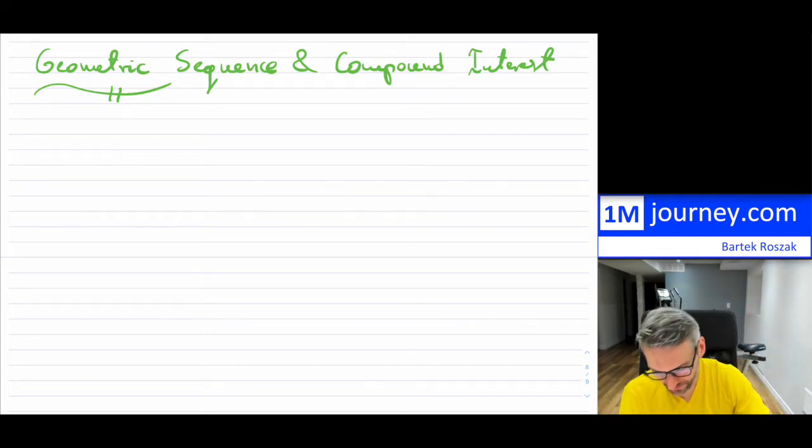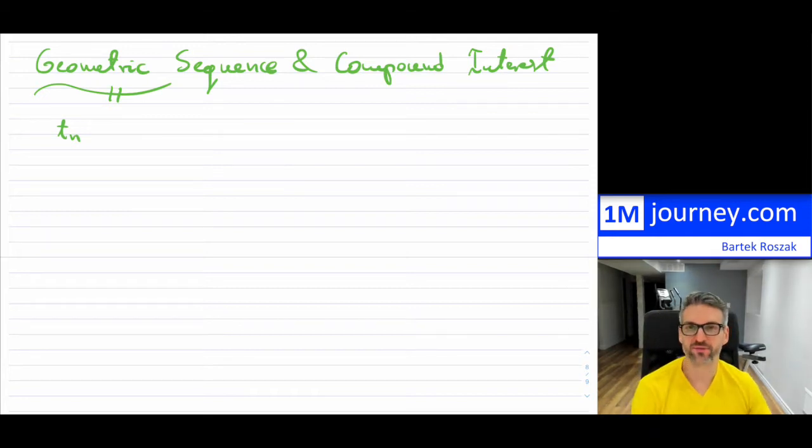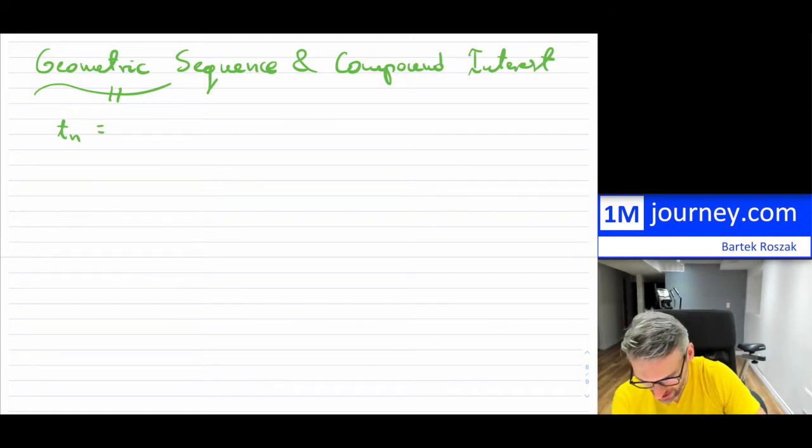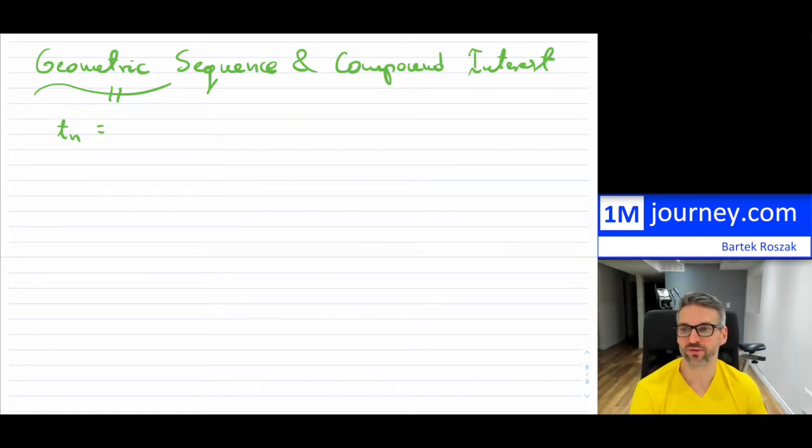All right. Now, the geometric sequence is basically where you have terms that, from one term to another, grow or decay at a constant ratio, right? And you can always find the nth term. So n is just how many terms you want to find.